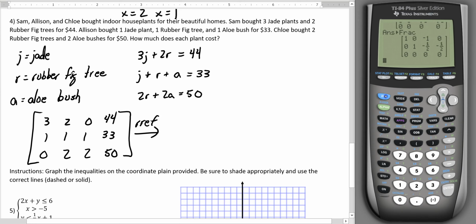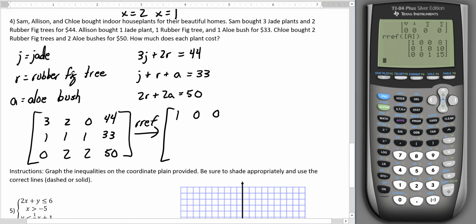Okay, so second quit, second. No, that didn't work, sorry. So second matrix, go over to math, RREF, here we go. Second matrix A, close the parentheses. Beautiful. Alright, so be sure to write this matrix when you're doing this on your final.